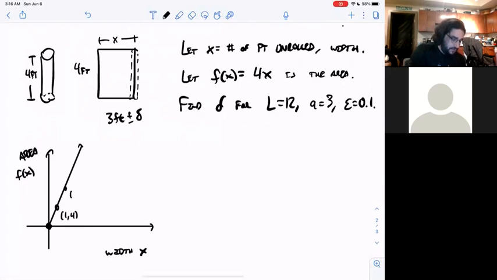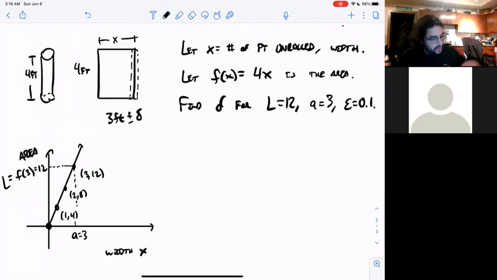If you unroll 2 feet, you get 8 square feet. If you unroll 3, you get 12 square feet, and so on. This 3 is what we really want right here, because we're looking for 12 in the area. That's going to be our L at the value of 3. All right, so this will be A equals 3. And now what I want to do is find that delta.